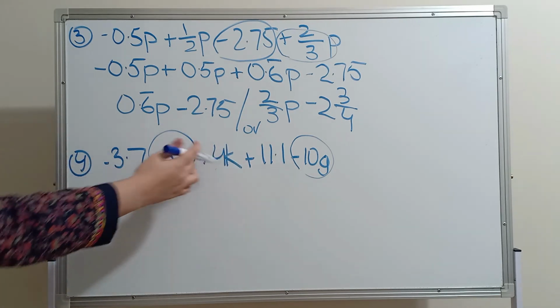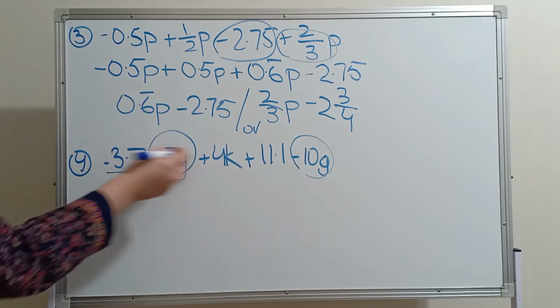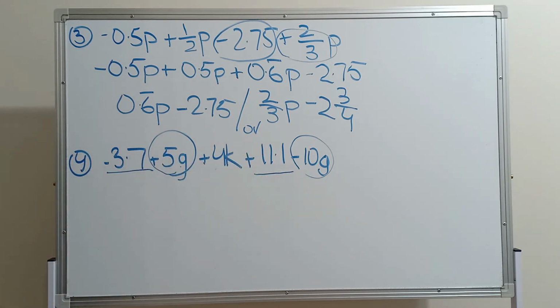So we're going to underline it, but it's the only one here, so it does not have any like terms. So we don't need to mark this one, but we can underline these constant terms. We have more than one constant term. So now what we can do is write those like terms right next to each other.